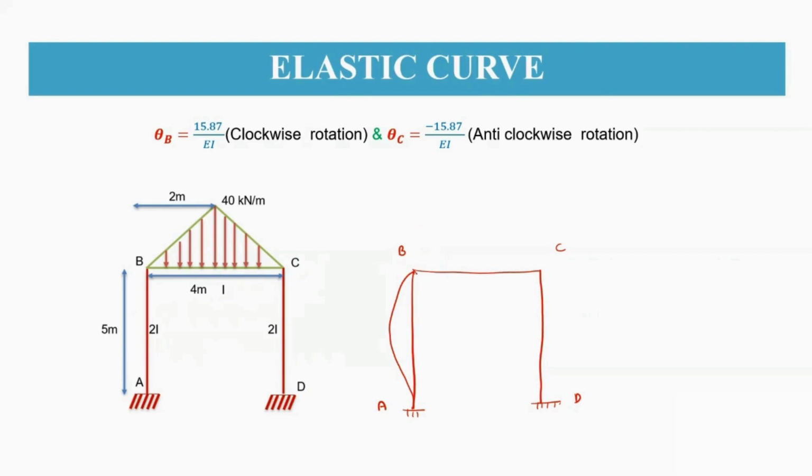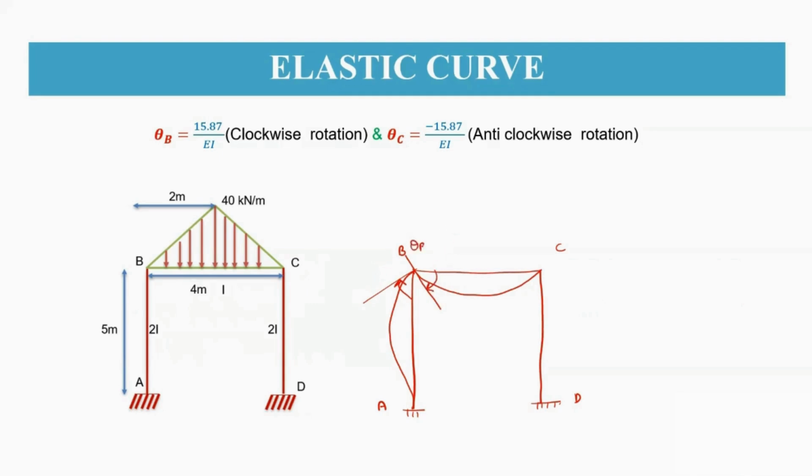So this is also positive. When we draw a tangent like this, here you are getting a clockwise rotation. When we draw a tangent like this, here also you are getting a clockwise rotation.